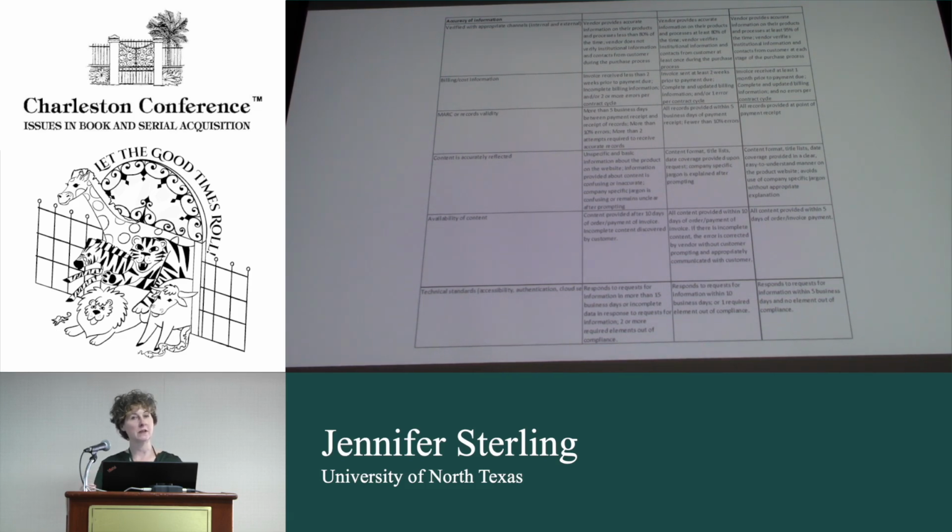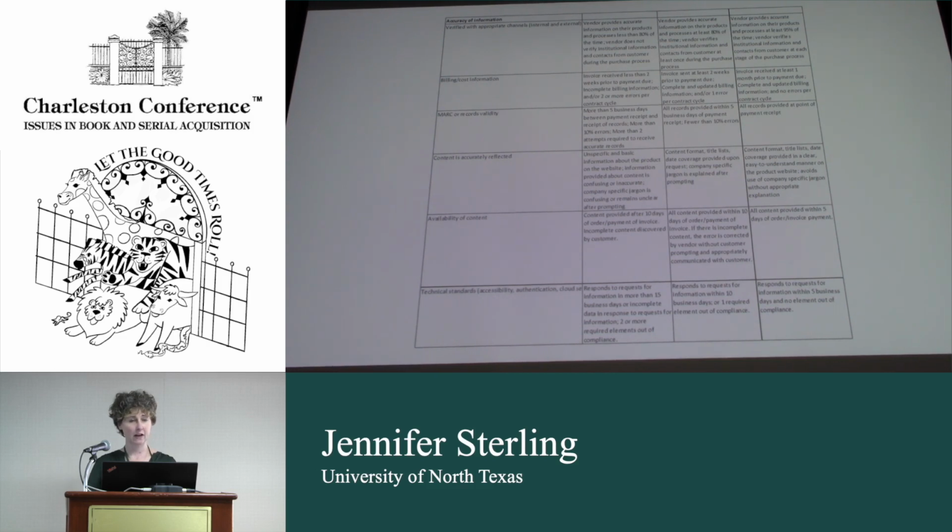So we've still tried to be objective and give that a percentage. The billing and cost information subcategory, the invoice has been received at least 1 month prior to the payment due, and it has the complete and updated billing information and no errors per contract cycle.